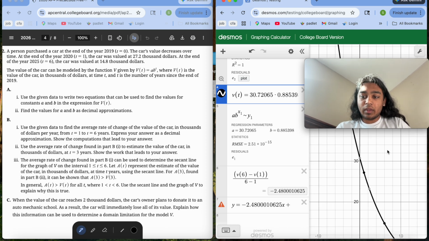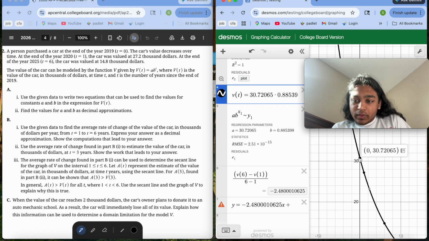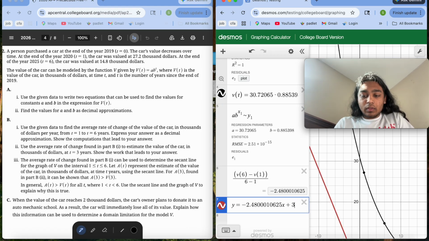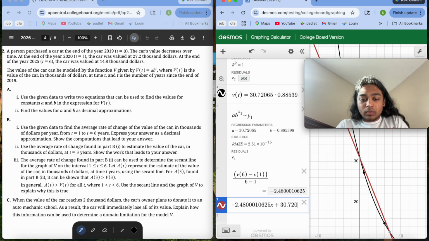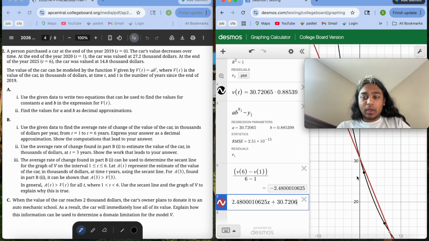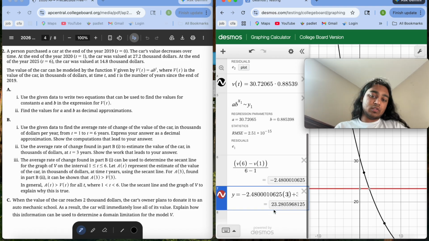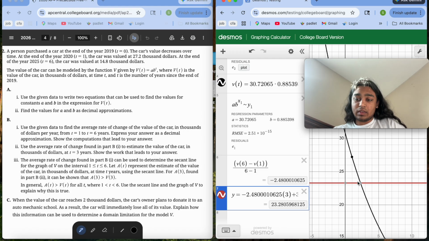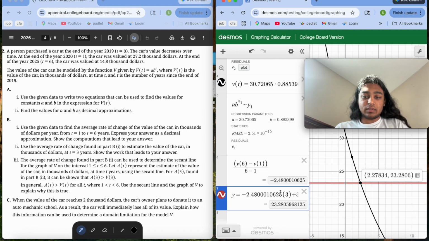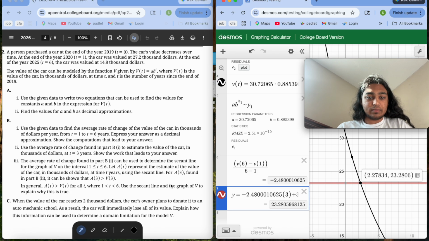Okay, 30.7206. Right? So now this line is going to take our slope there and give us an estimate. But we want to approximate it when x equals 3. So that my estimate is 23,000, which is actually an overestimate. Yeah, this is our answer.